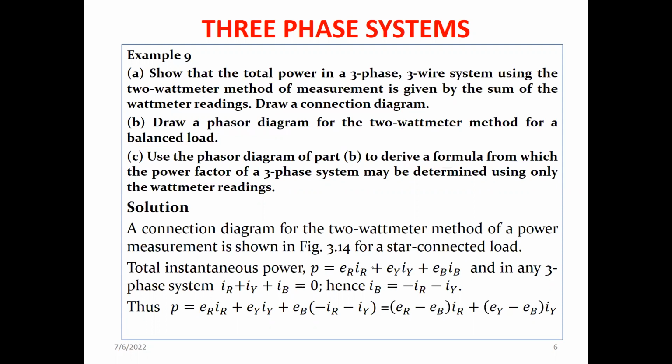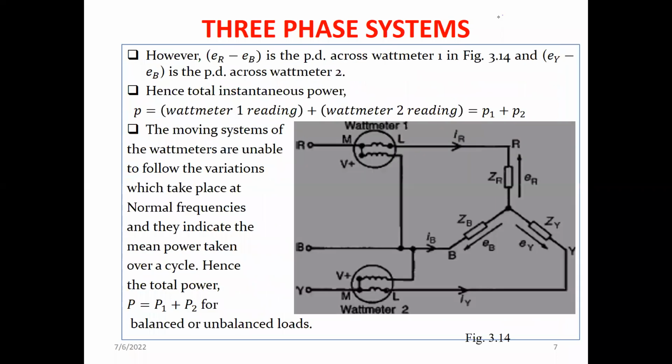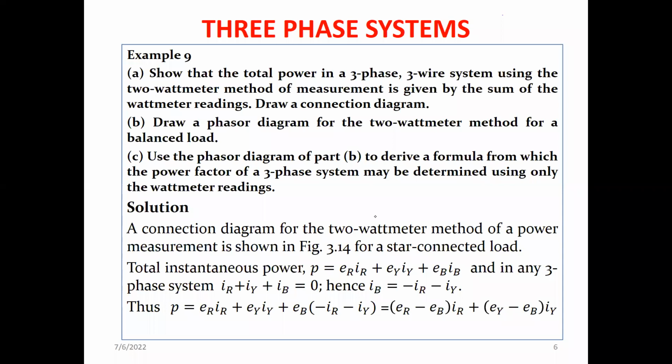A connection for the 2-wattmeter method of power measurement is shown in our next figure. This is the connection we had earlier of a 2-wattmeter method, for a star connection.